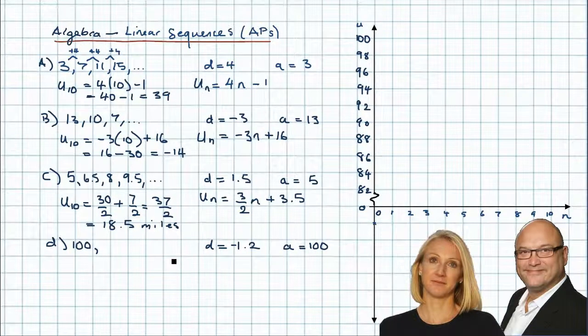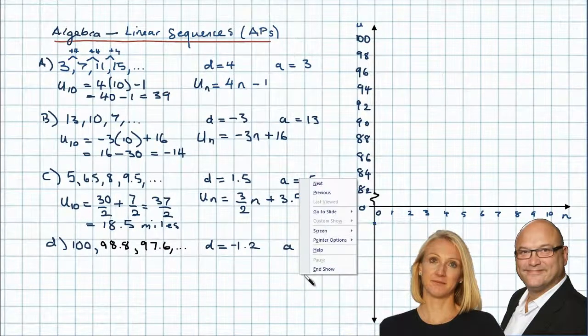So each time we're going down by 1.2, so the next one's going to be 98.8. Okay, then we've got 97.6, and that will do for the moment. We'll just go dot, dot, dot.